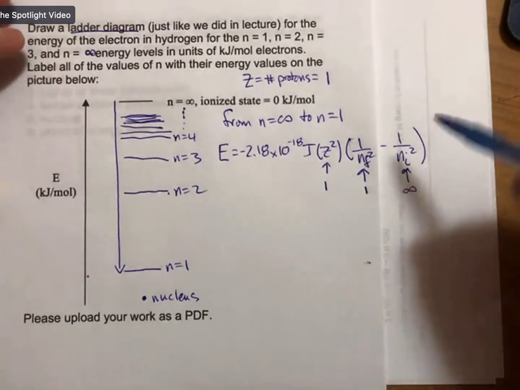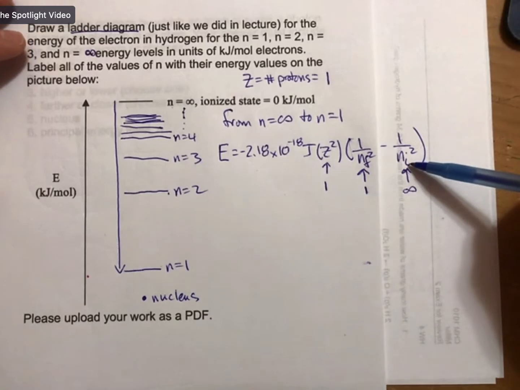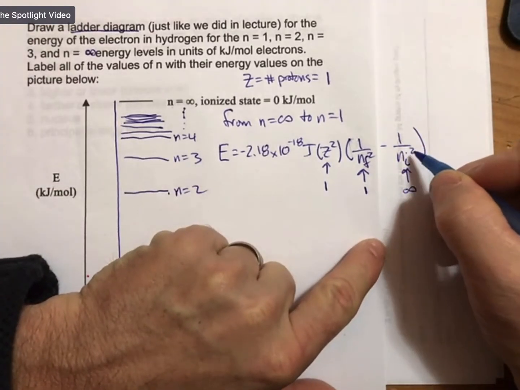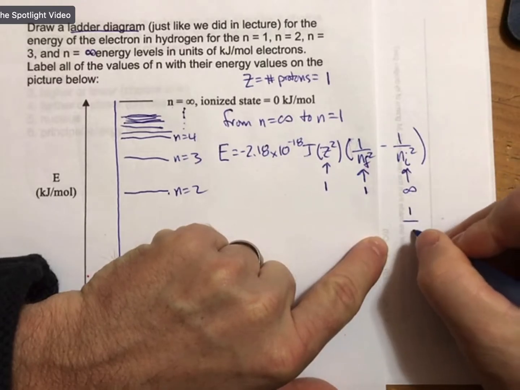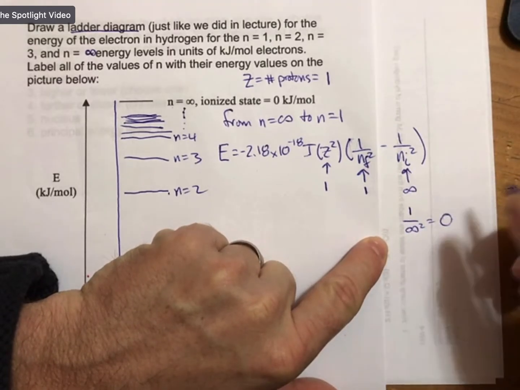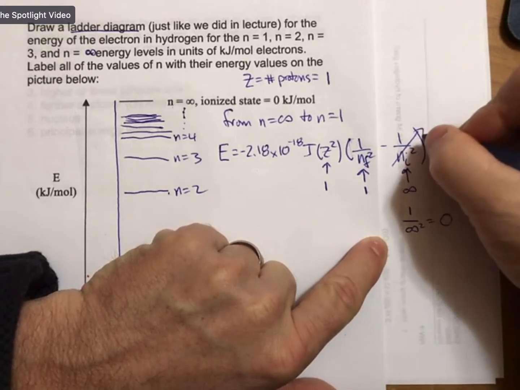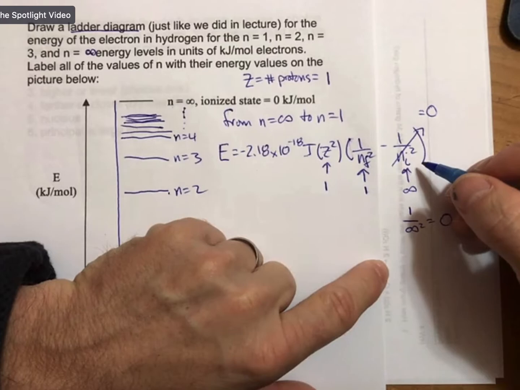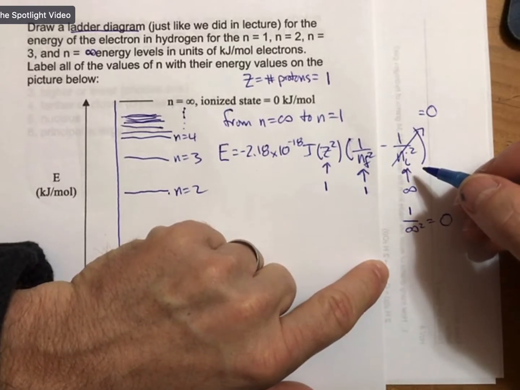Now, I've chosen infinity as my initial point because 1 over infinity squared equals 0. And so that means that this part equals 0, and so number-wise, I don't have to worry about it.